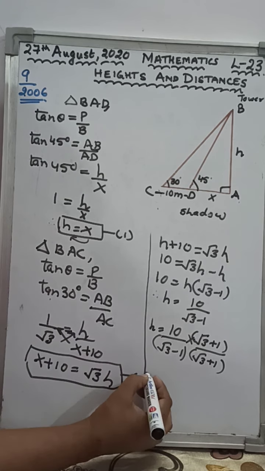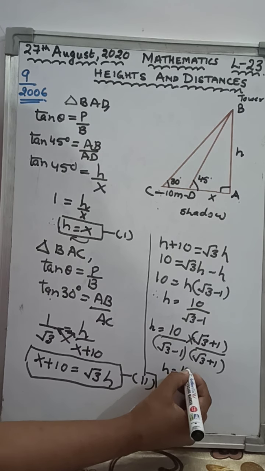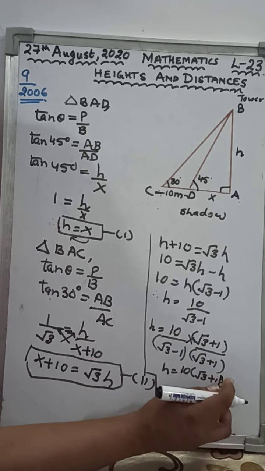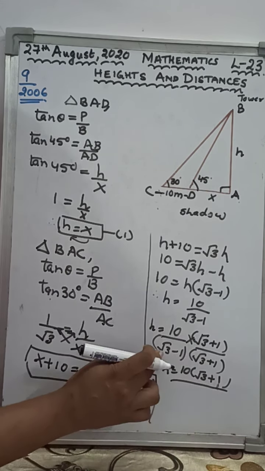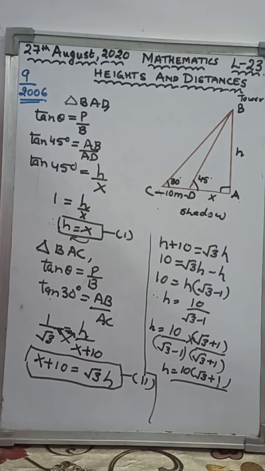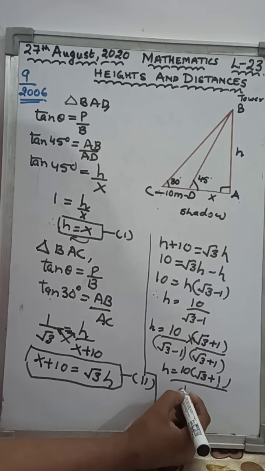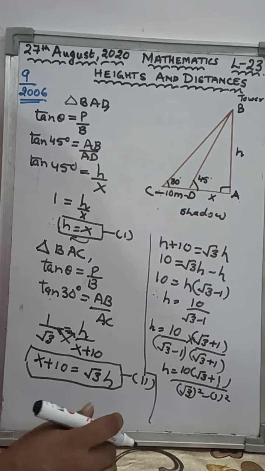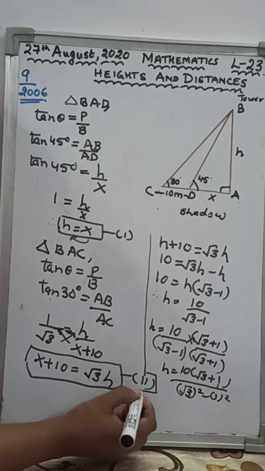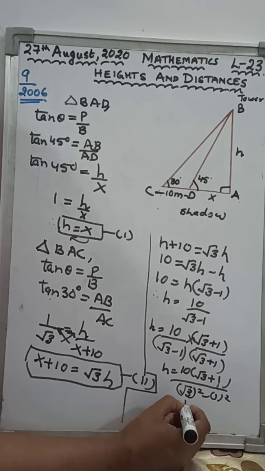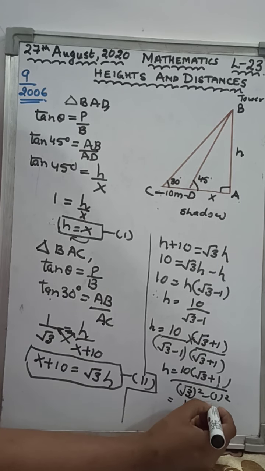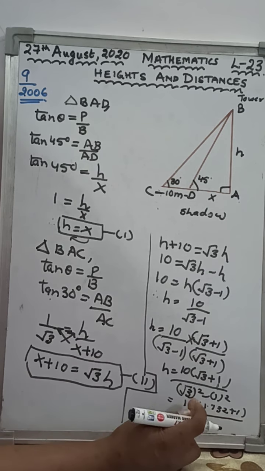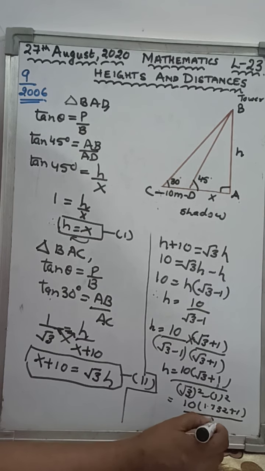So this will be 10 root 3 plus 1 over, a minus b, a plus b will become a square minus b square. So this will be root 3 whole square minus 1 whole square. Now you will solve it. So this will be 10 times root 3 value 1.732 plus 1 over 3 minus 1 will be 2.